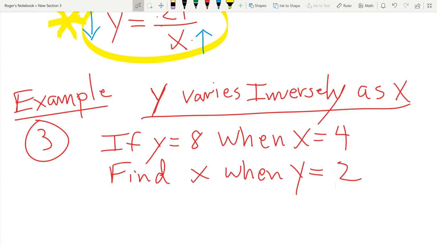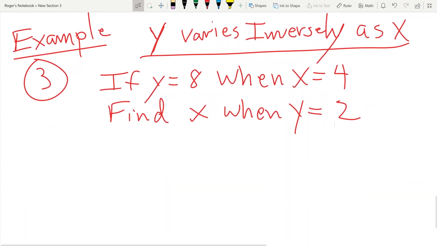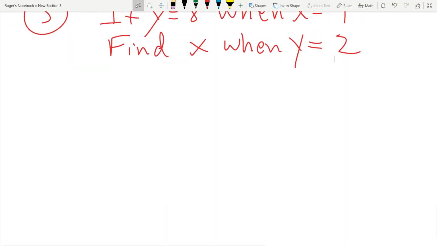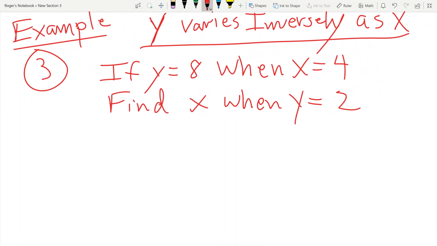So in this example, they say, make the assumption that y varies inversely as x. That's given, I guess you could say. Y varies inversely as x. Now, if that's true, then y will be equal to some constant k divided by x.